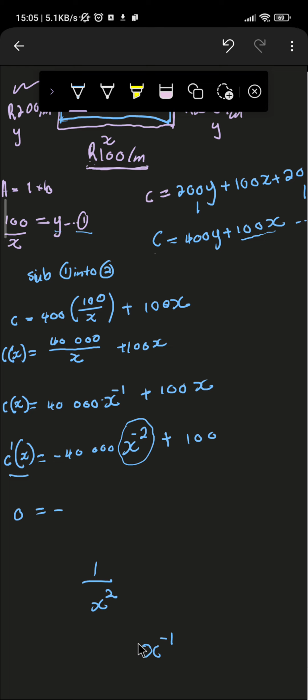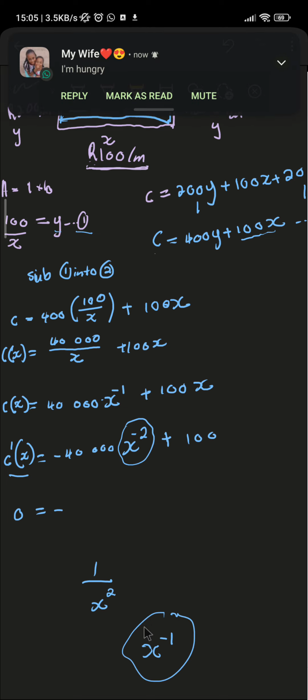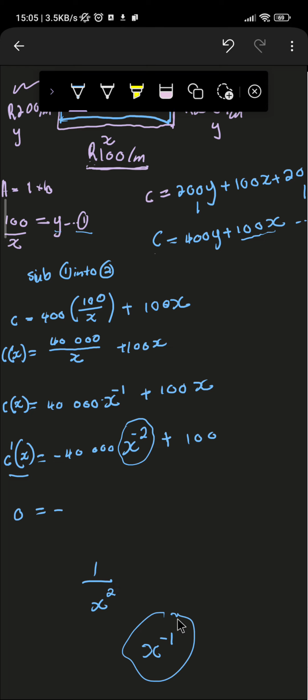But when we have x squared in the denominator, it means x to the power negative 2. If we had 5 here, it would be to the power negative 5.